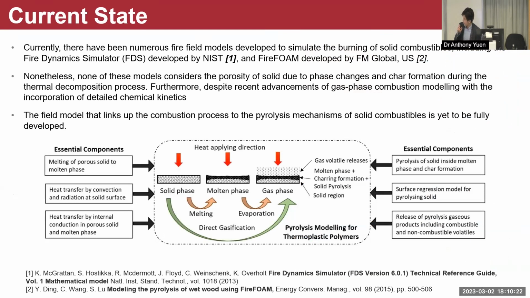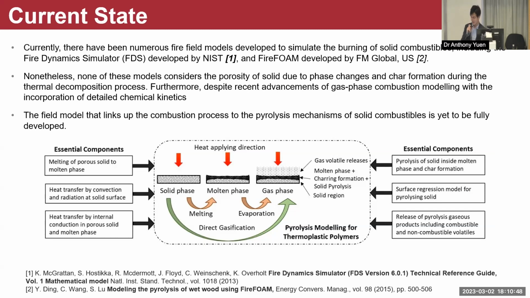If you look into the flaming of the material itself, it actually involves a lot more than it looks, because not only does it go through the pyrolysis process, sometimes if the material is a thermoplastic, it melts as well, so it has a molten phase. And of course, this molten phase will further gasify into gas.